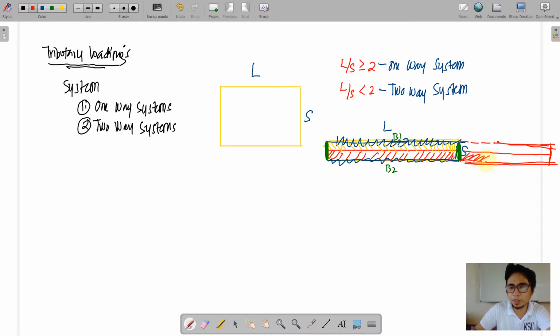This is being carried by the beams here, say B3 and B4. So again, B4 will carry the half portion of the slab on the longitudinal direction.